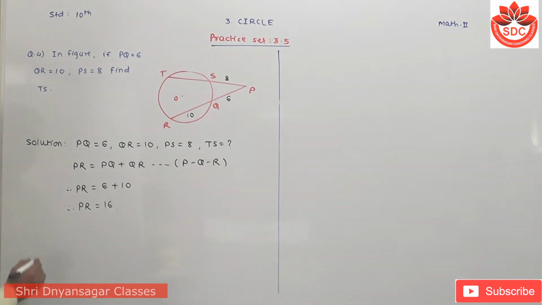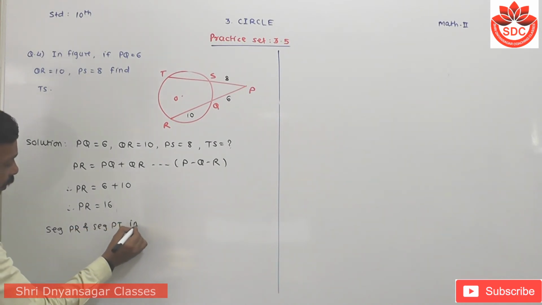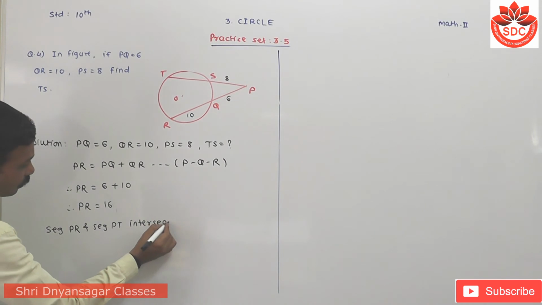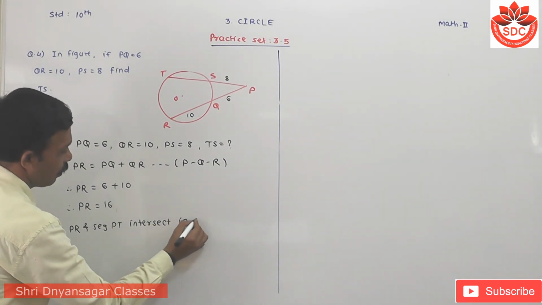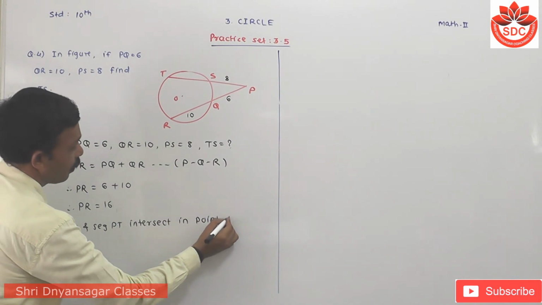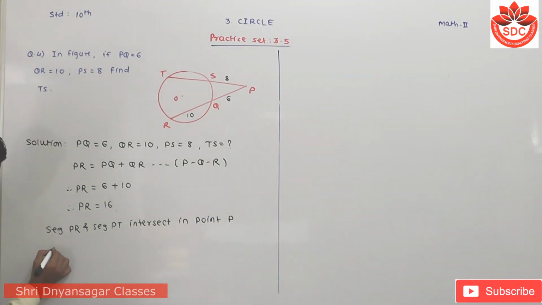Student, here chord or segment PR and segment PT intersect at point P, externally.